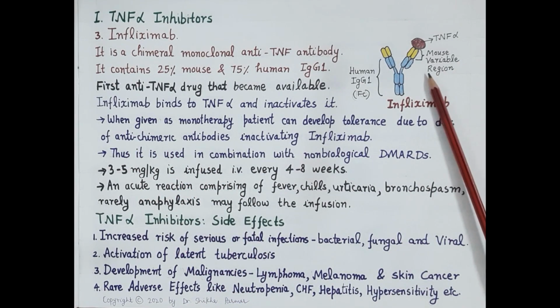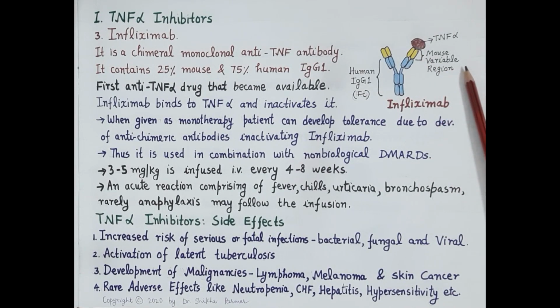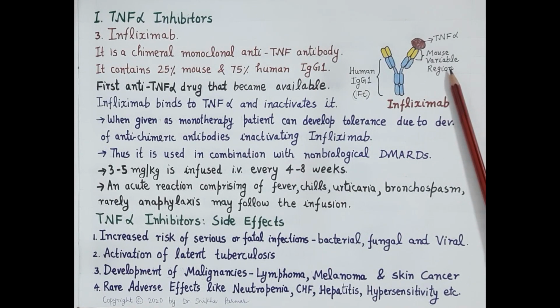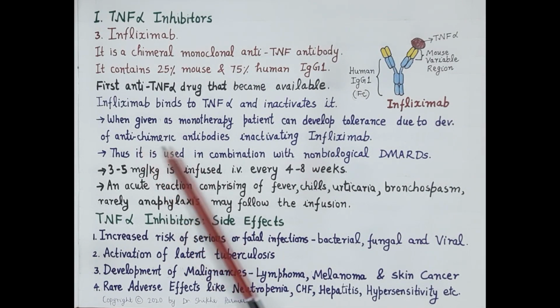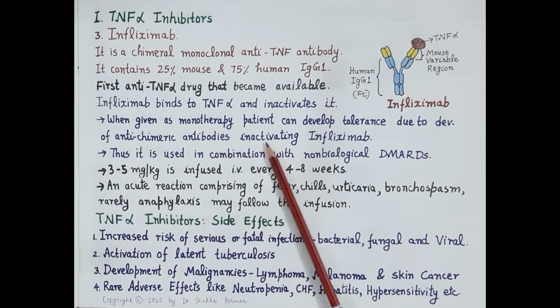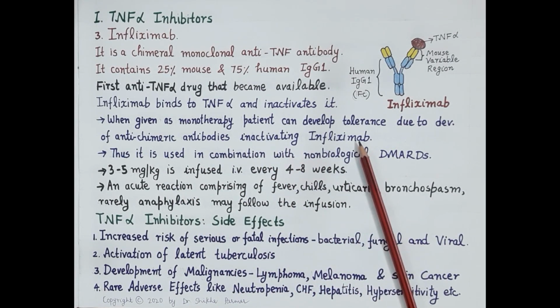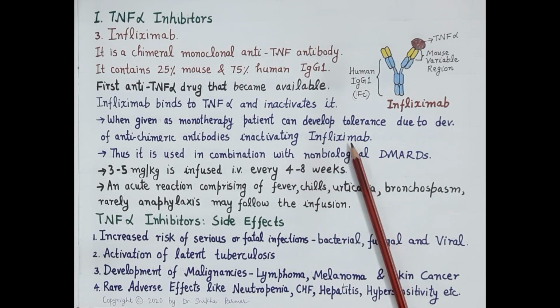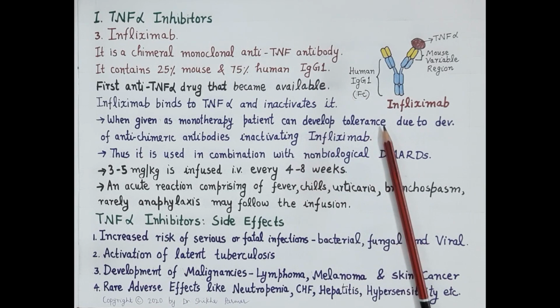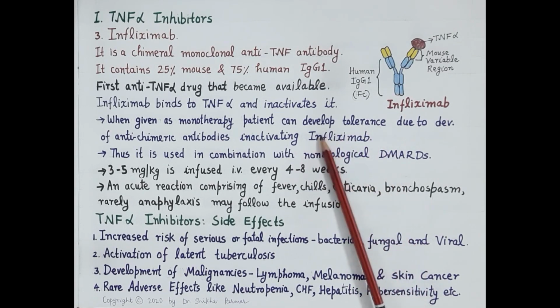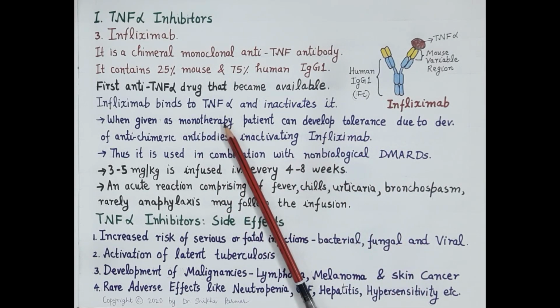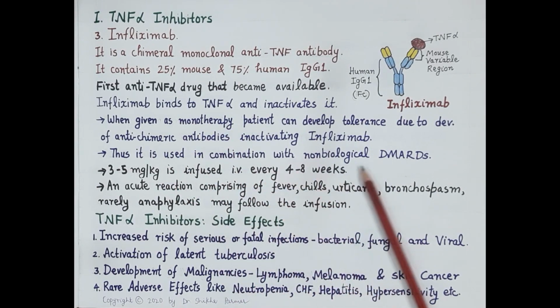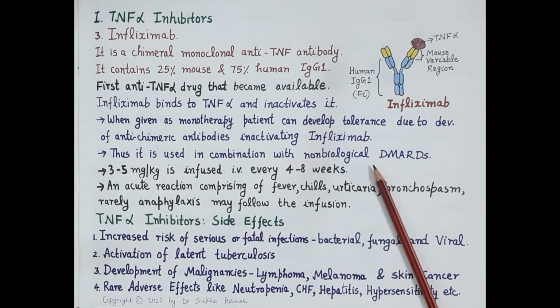Since infliximab is a chimeric monoclonal antibody derived from the mouse, its use can cause development of anti-chimeric antibodies, and these can inactivate infliximab, reducing its efficacy and causing tolerance to the drug. And thus infliximab is not used as a monotherapy. It is used in combination with the non-biological DMARDs.